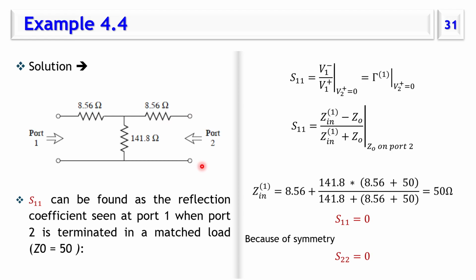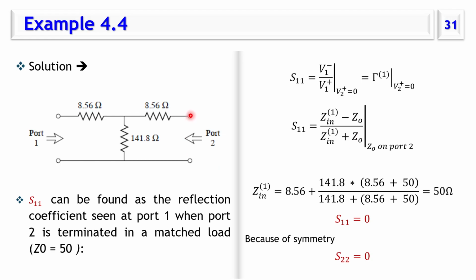Under this condition, we need to find V1 minus divided by V1 plus. So the input impedance here would equal, S11 equals Zin minus 50 divided by Zin plus 50.